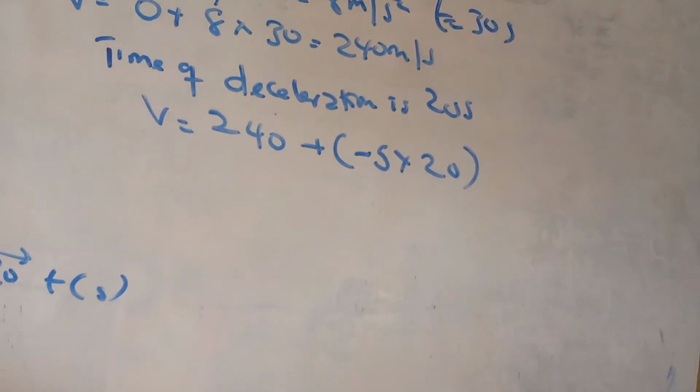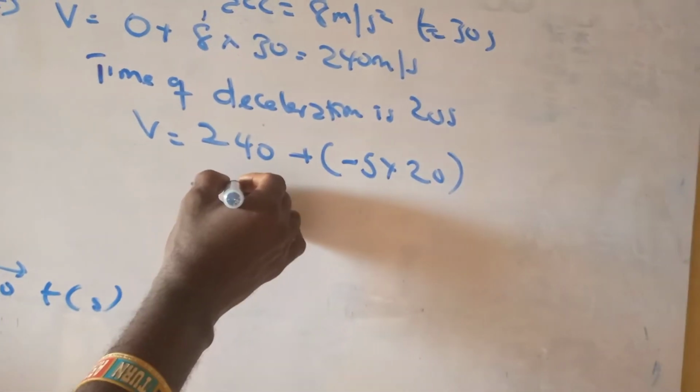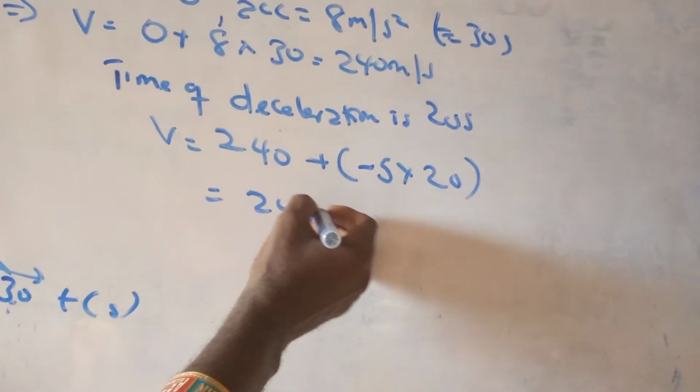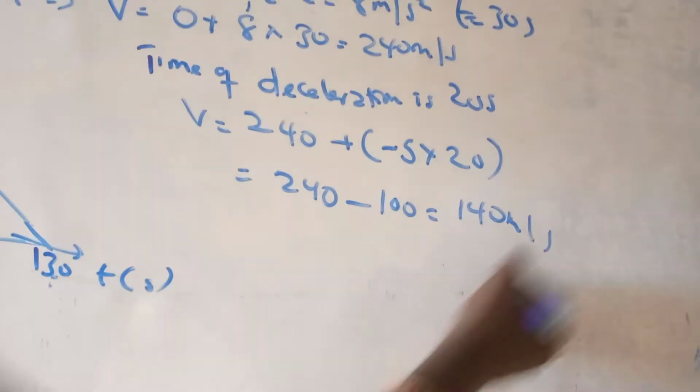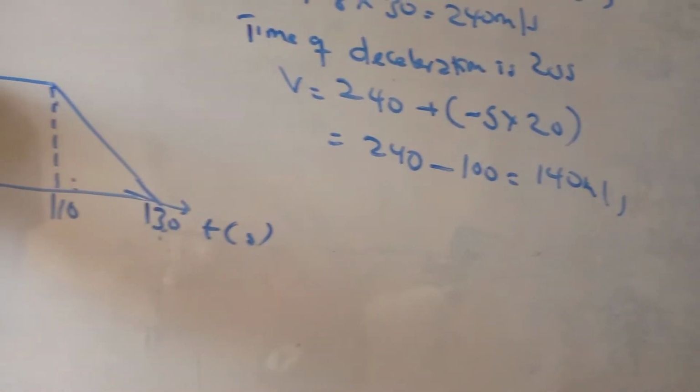Since it's deceleration, we use minus, and that gives 140. So we now have our 140 here.